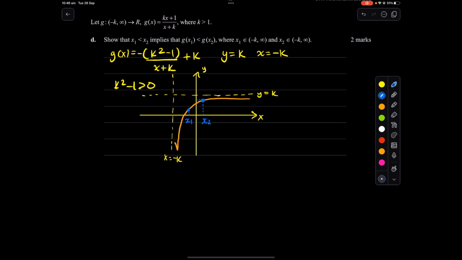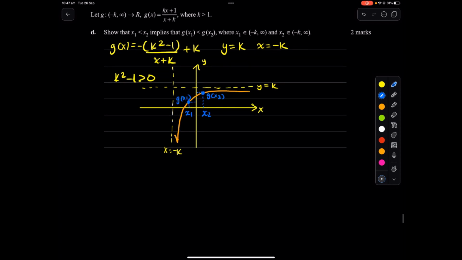So we know that this is g(x2), and this over here is g(x1). What can we see? We know that g(x2) is greater than g(x1), which means g(x1) is less than g(x2). So this statement holds true. We can see it from this over here.